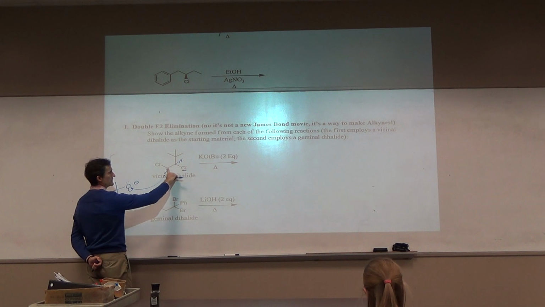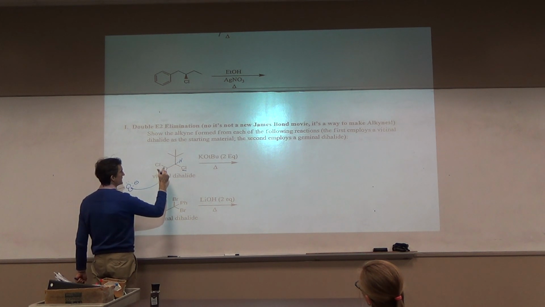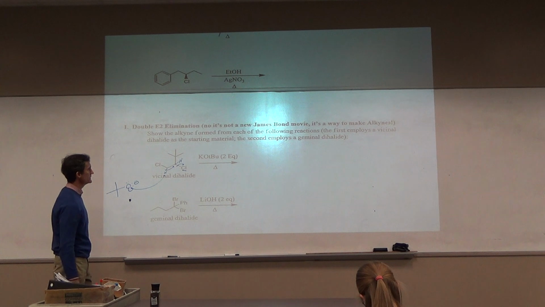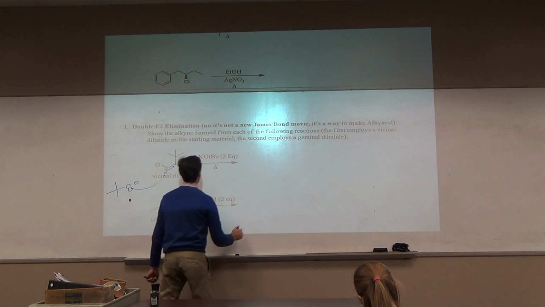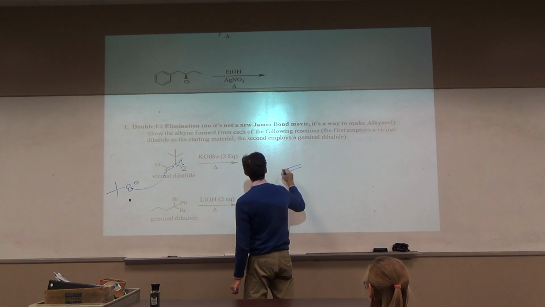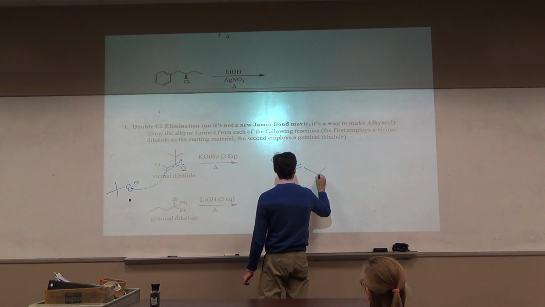But there's two H's here. Remember, when there's two H's, we really don't have to worry about it. It's going to be in the right conformation and eliminate. I'm not really showing conformation here, but it's going to get the best one. That's going to give the better alkene here and here.